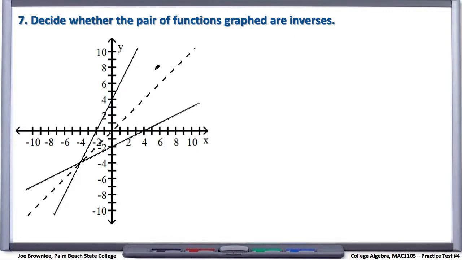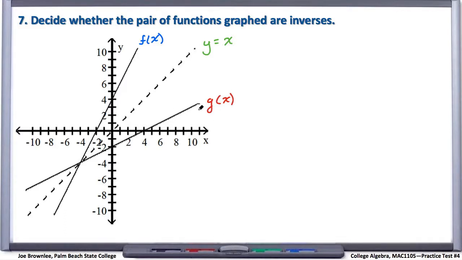So for the purposes of number 7, let's go ahead and let this solid line here be f of x. And we'll let this solid line down here be g of x. And the dotted line here in the center that's kind of cutting this graph in half is the line y equals x. You'll often hear people refer to y equals x as a mirror.